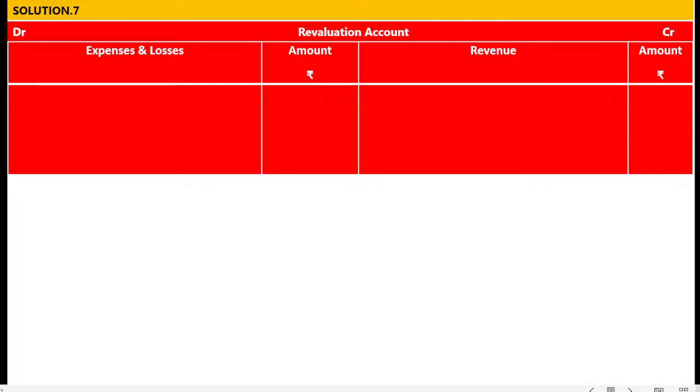In this question, old PDD was 1,000, new PDD is 800, 1,000 PDD become 800. It means there is a decrease in the PDD. I told you for decrease in the PDD, write on the credit side of the revaluation account. If you want to know the rules of debit and credit, as per the England system, British system, PDD is a personal account.